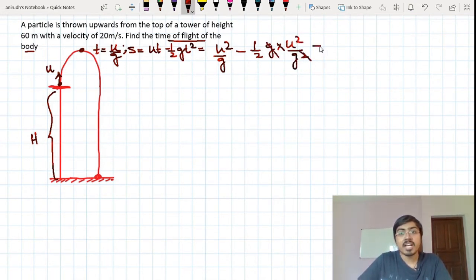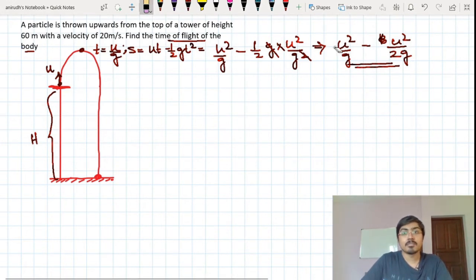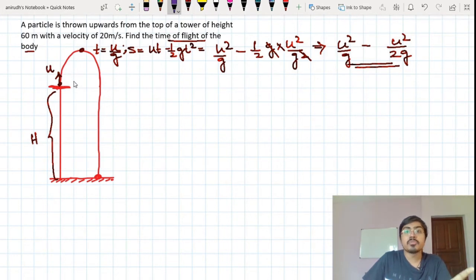So what I will be getting after this is u square by g minus u square divided by 2g. So this is the height which is covered by the body which is going upwards, isn't it? Yes, it is. So this much height is u square by g minus u square by 2g.